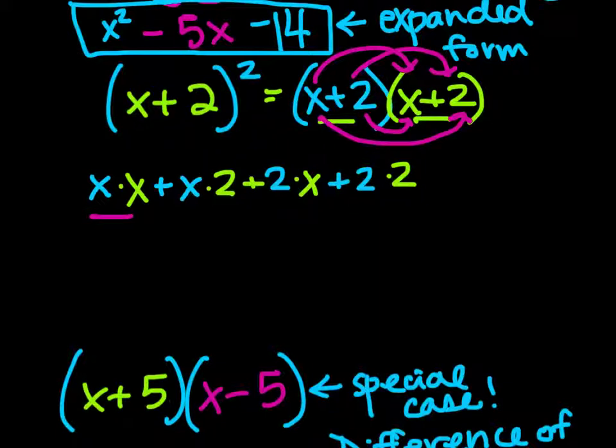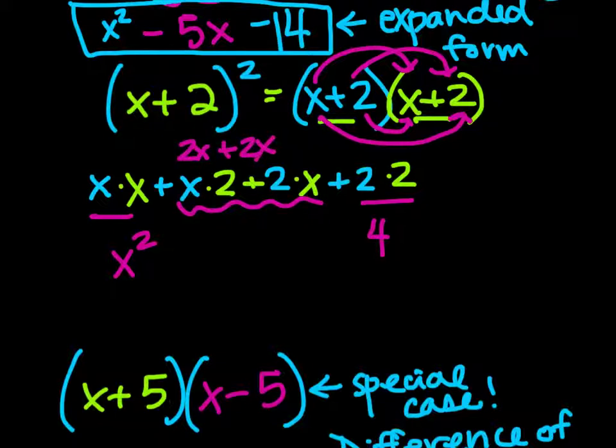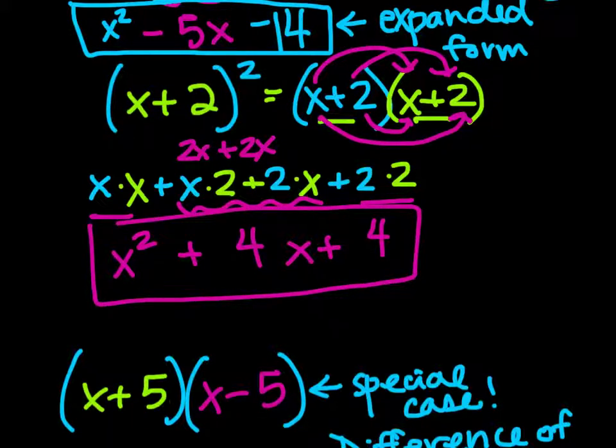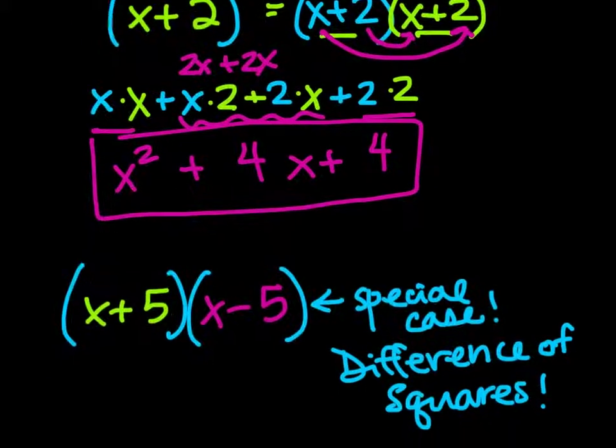Let's now simplify things. So x times x equals x squared. 2 times 2 equals 4, and if we wanted to, we could totally do this right away. We have x times 2 plus 2 times x, or 2x plus 2x. We can rearrange however we see fit because it's multiplication. So we can say that's now 4x. So there's our expanded form of our previously factored equation.